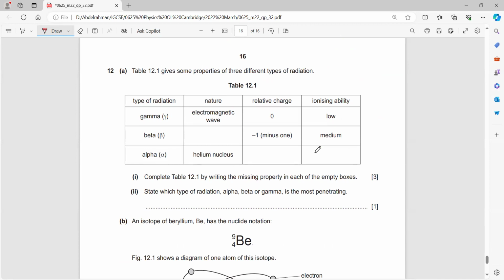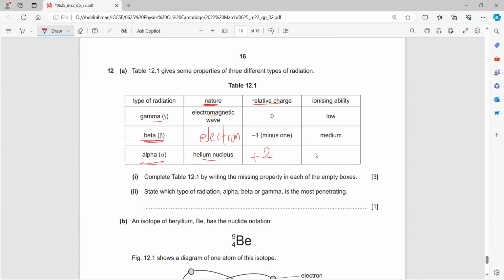What's the nature of a beta? Ionizing. Nature of the beta. Gamma was an electromagnetic wave. Alpha was a helium nucleus. What's the beta? It's an electron. What's the relative charge of an alpha? +1. +2.